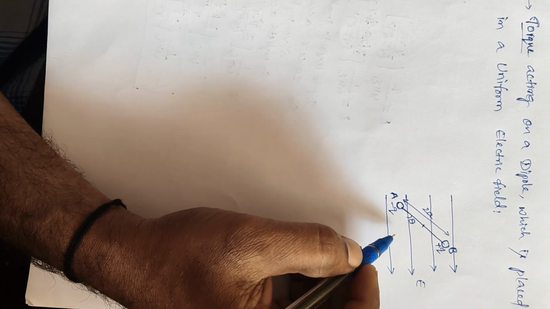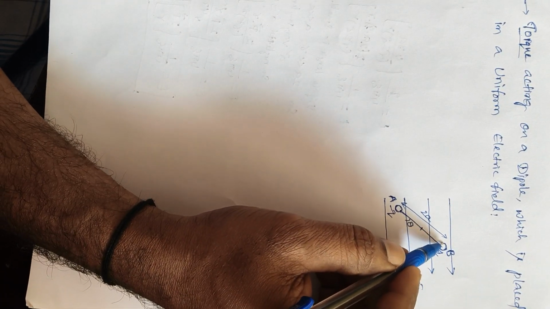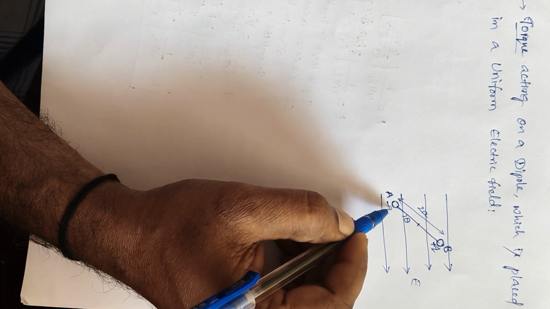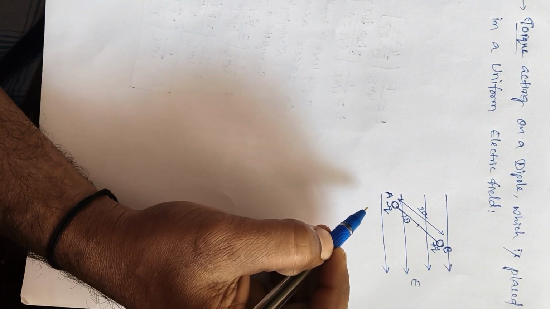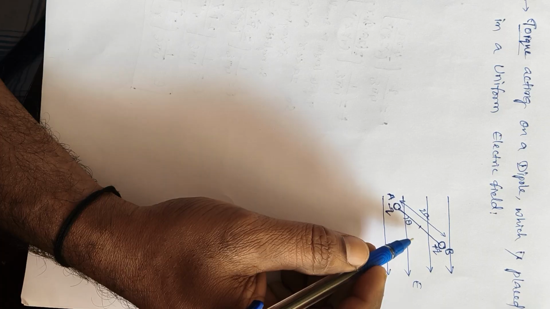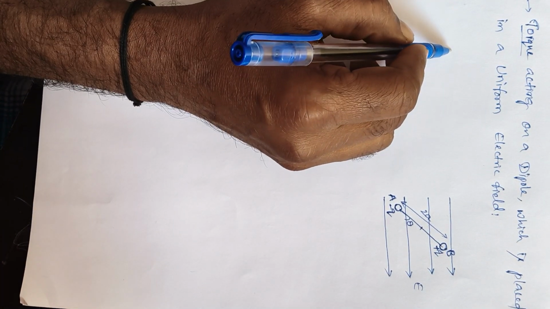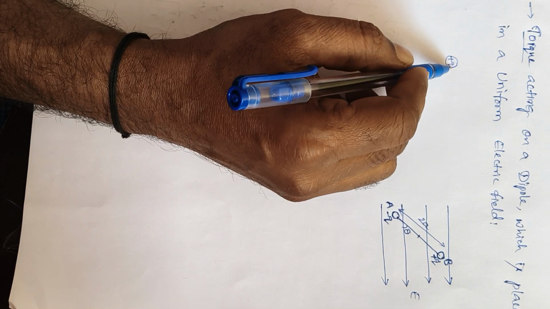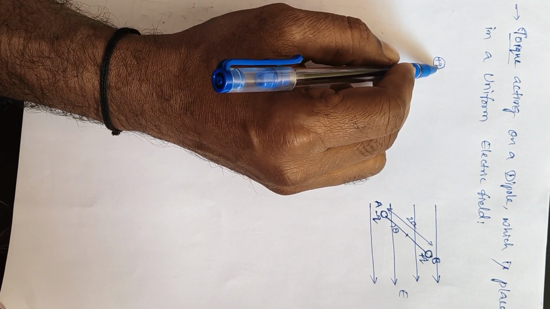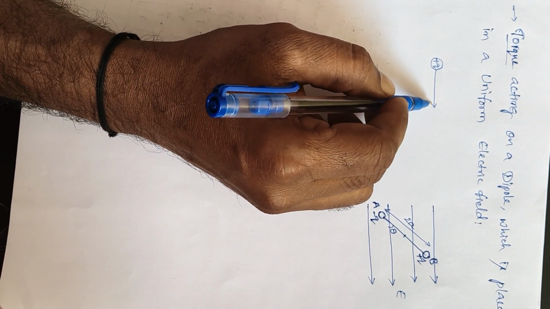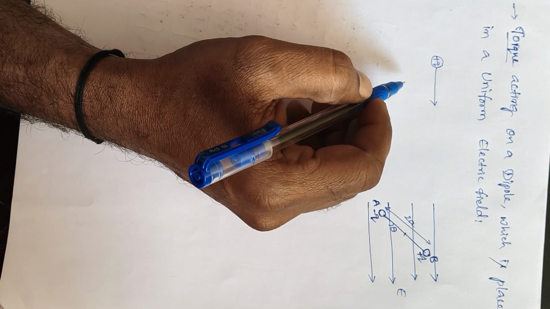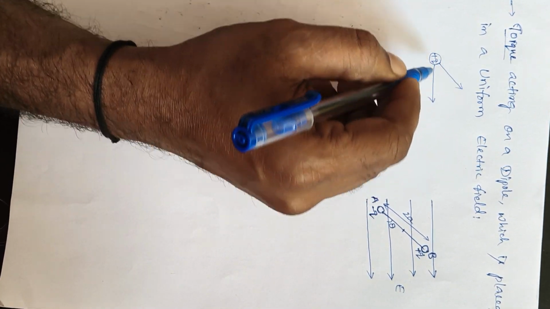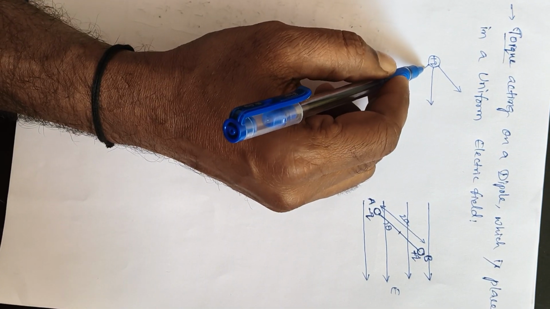So what happens here? The dipole has two charges, one positive and another negative. We already learned the properties of electric field lines. Any positive charge produces an electric field in the outward direction. Similarly, the path followed by a positive charge is called an electric field line.